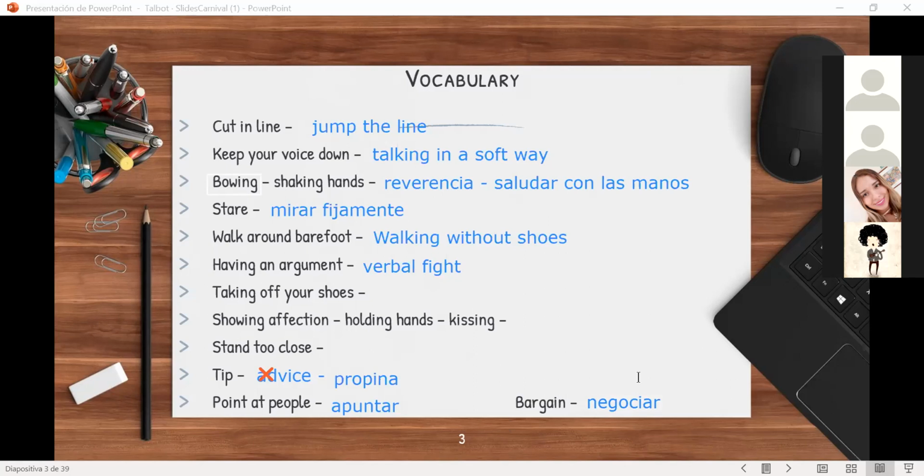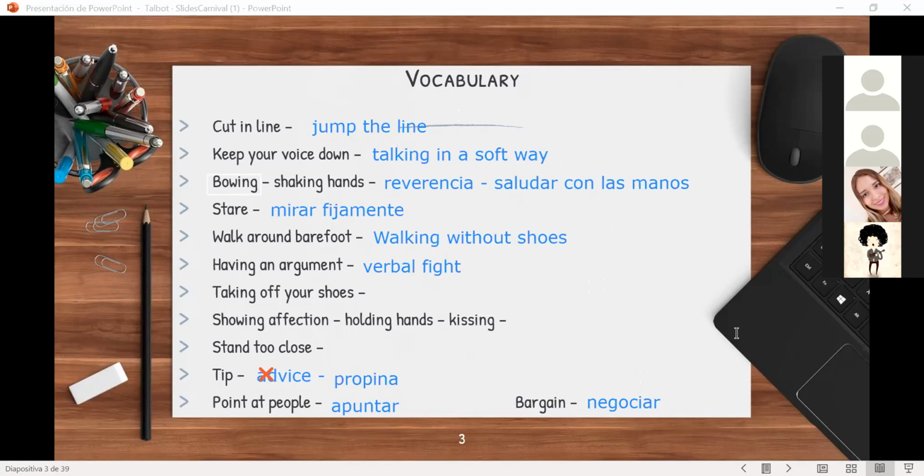Maybe when we are in the market, we can bargain with the sellers in order to get a cheaper cost for the products we want to buy. But it can be not polite to bargain in a shopping store or in a mall. Okay, guys, so I hope this part is clear, or maybe if you have any question about this vocabulary.